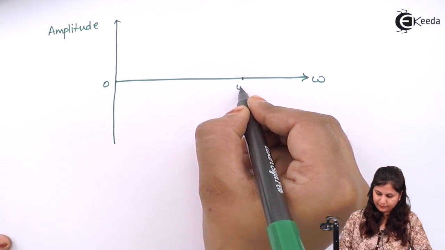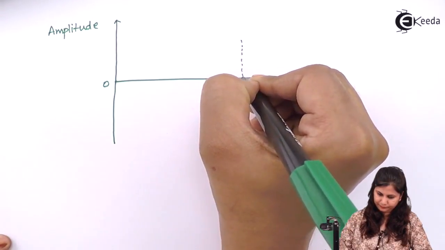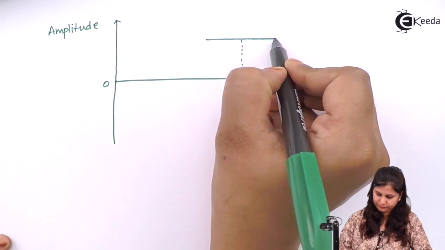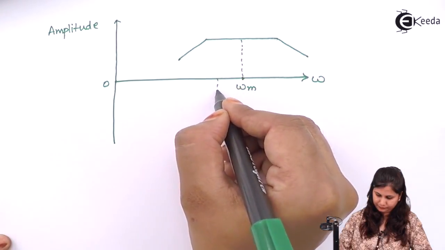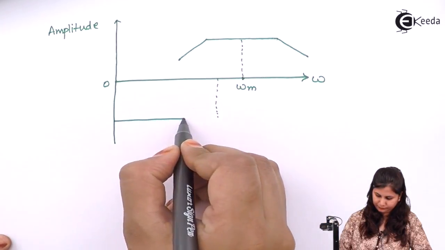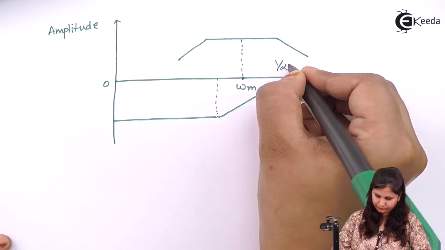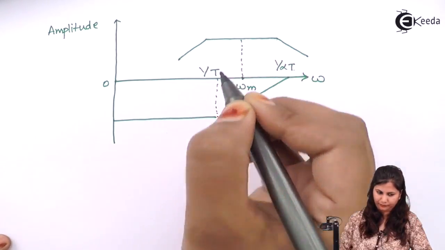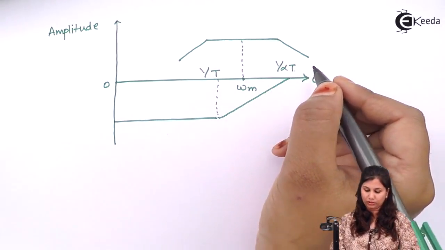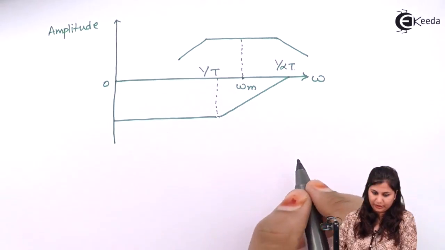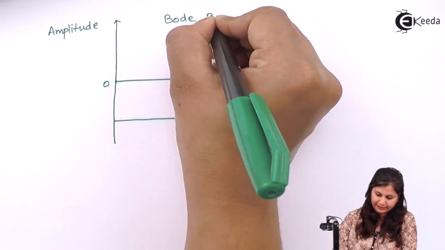And it is our maximum frequency omega m. This 1 by t was the zero and 1 upon alpha t was the pole, and omega m is the frequency. So if you see this Bode plot, this is the Bode plot for the phase lead network.